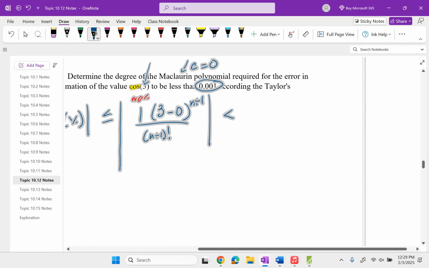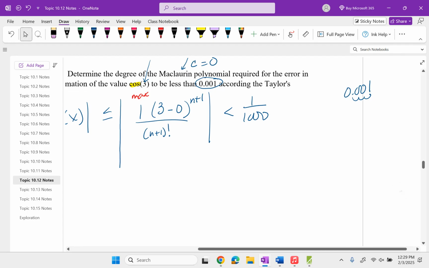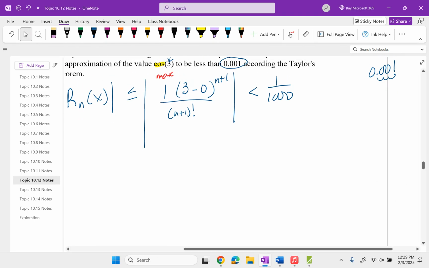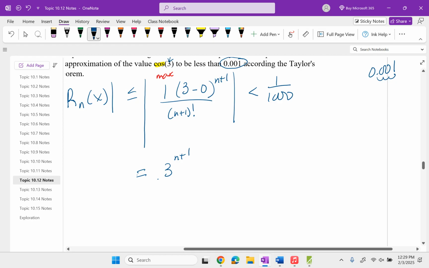Let's think about that number for a minute. Could I write it as a fraction? Yes. It would be 1 over what? Yeah, good, 1,000. Perfect. Okay, so let's simplify that a little bit. See if I can use that to figure out the n values. Okay, or at least to play with the n values a little bit. All right, so I'm going to start by saying I have 3 to the n plus 1 over n plus 1 factorial, right?